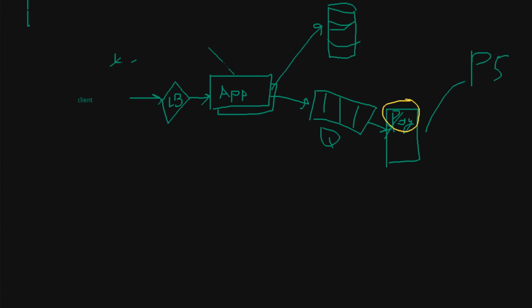Okay. Question about the app service here. If I understand your diagram correctly, in the app service it is writing a copy to the database, storing the metadata. At the same time, it is putting an item in the queue so that the payment service will go and talk to the third-party service to validate the transaction.